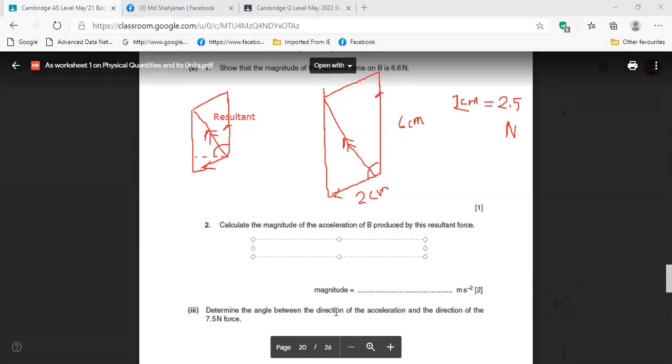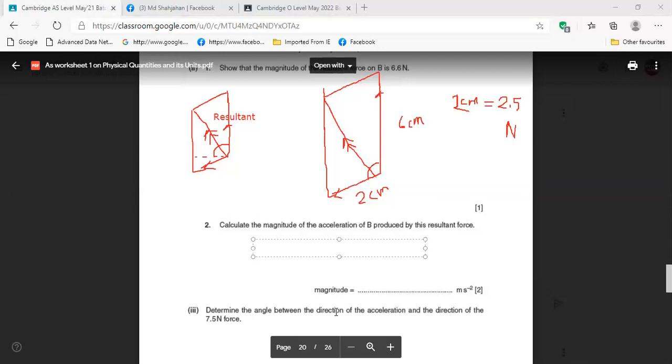Let me read it from the screen. Determine the angle between the direction of the acceleration and the direction of the 7.5 Newton force.